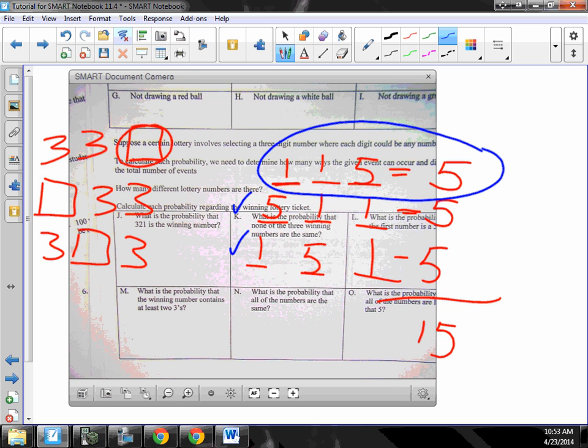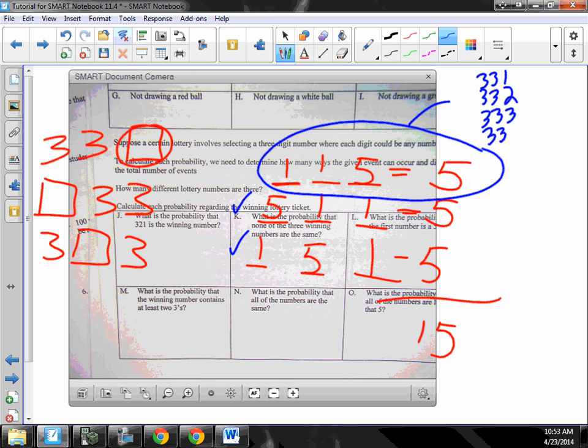Why would it be 4? What's that? 333 is already taken. So let me write it out. Let me write out this list. 331, 332, 333, 334, and 335.